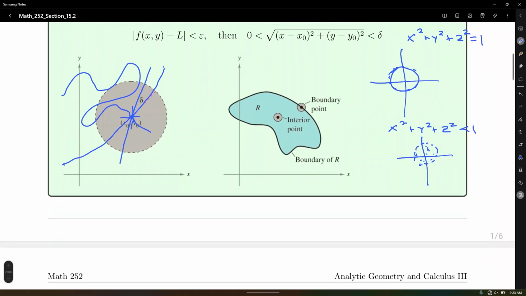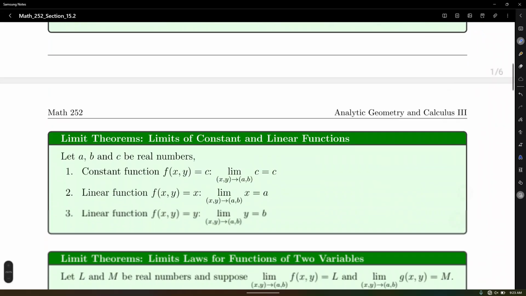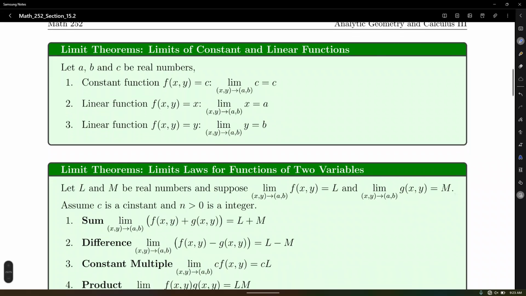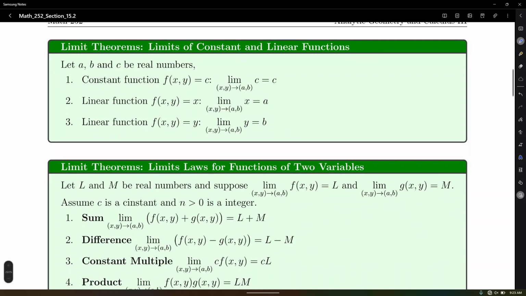All right, now to calculate limits, let's have a look at the notation. Very, very important notation. a, b, and c are constants. If we evaluate the limit of a constant c at the point (a, b), that's going to give us the constant.